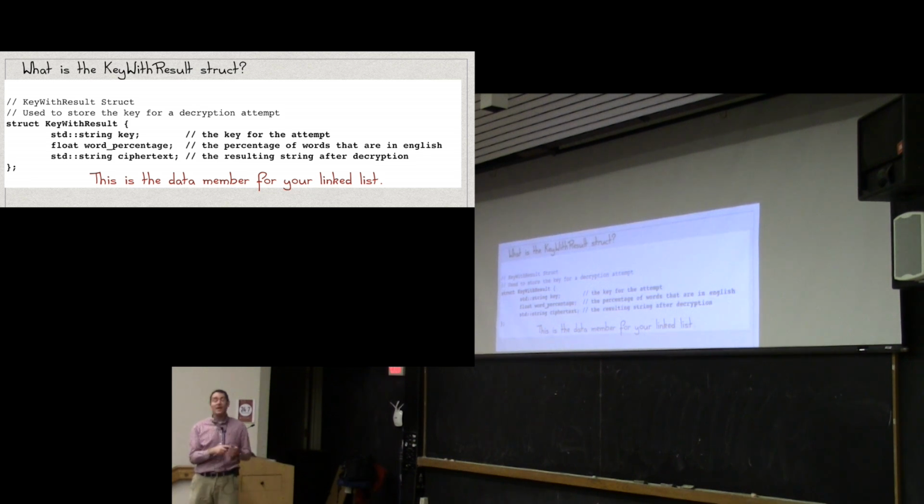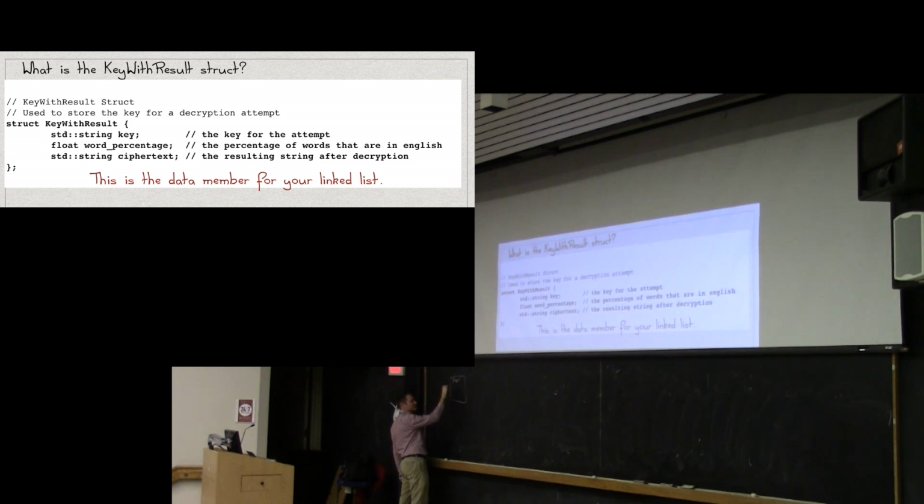But anyway, the point is, this is a struct that has 3 things in it. It's got a key. It has a word percentage, which is how many of the words in your decrypted phrase are in the dictionary. And it's got the decrypted phrase in it. OK, it's got 3 things in it. And in memory, it would look like this. I'm going to abbreviate KWR, might be the actual name of the variable.